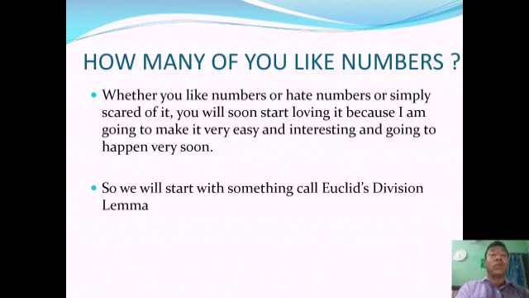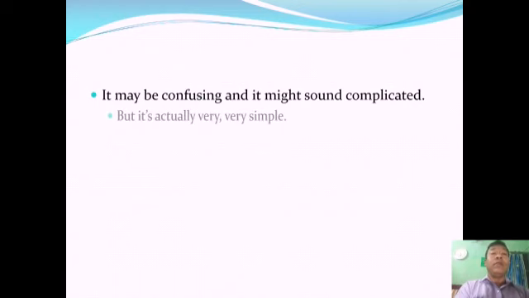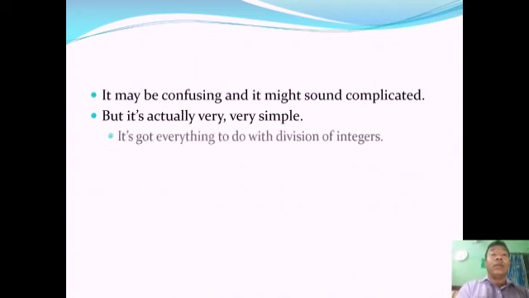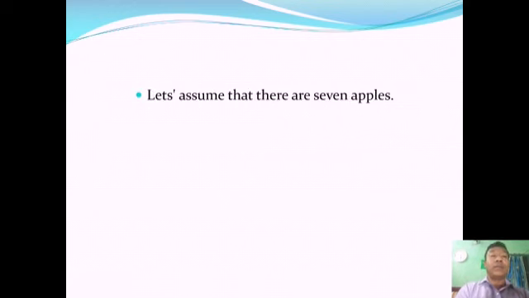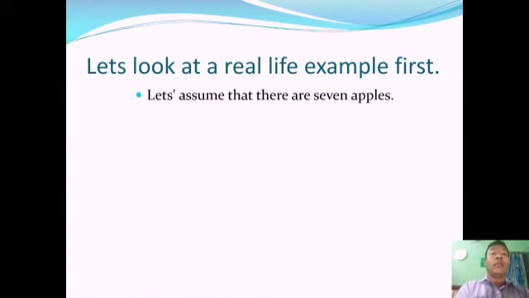So we will start with something called Euclid division lemma. It may be confusing, it might sound complicated, but it's actually very, very simple. It's got everything to do with divisions of integers. Let's look at a real life example first.